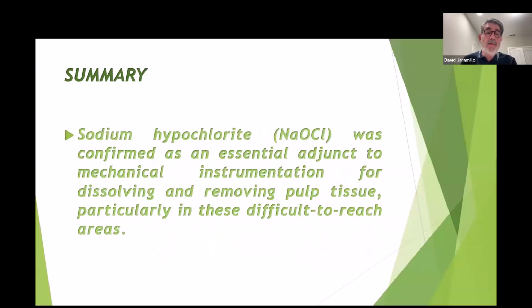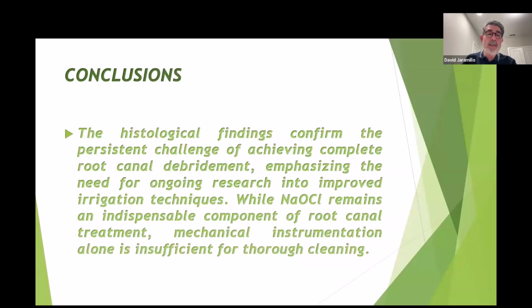Sodium hypochlorite was confirmed as an essential solution to be used while we mechanically instrument the root canal for the disinfection properties and the tissue-dissolving properties. So these histological findings confirm that we still have work to do, and we're working on it.